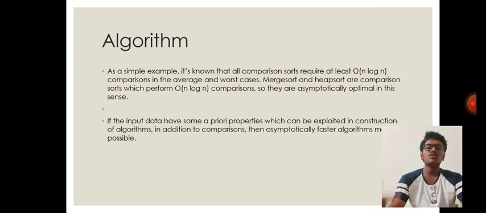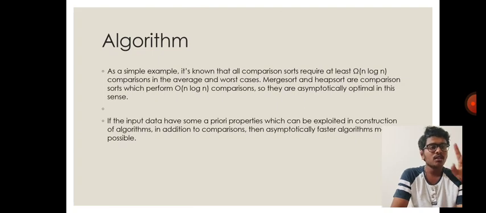Coming to the algorithm, as a simple example, it is known that all comparison sorts require at least omega n log n comparisons in the average and worst cases.